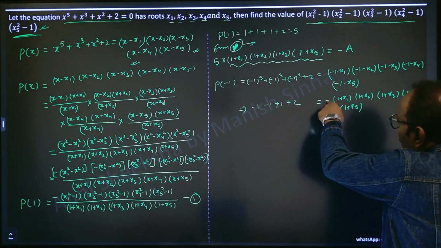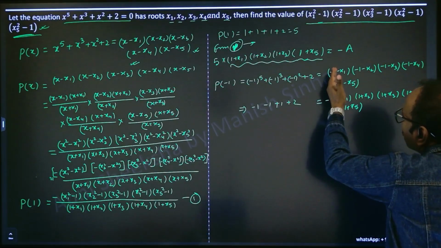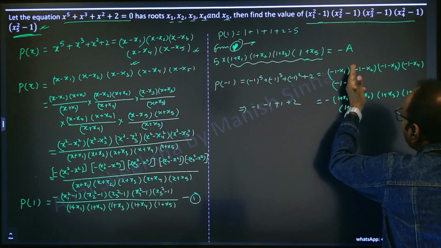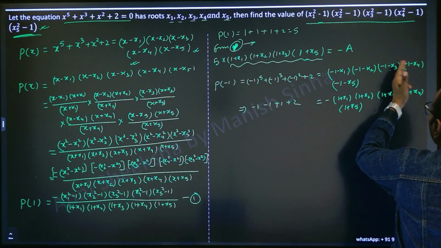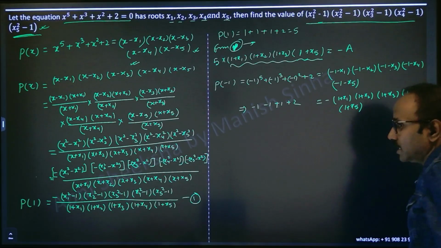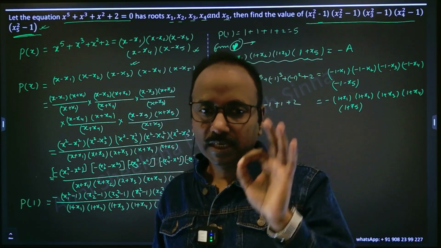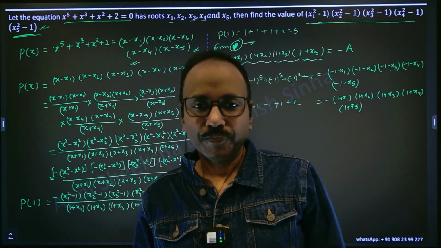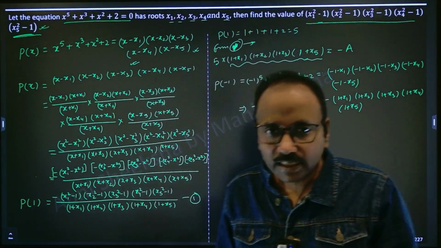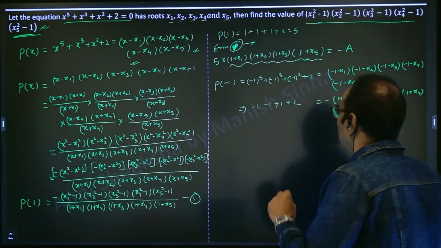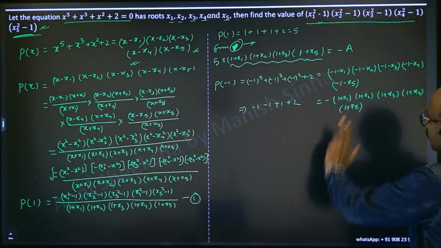Here the negative sign has come because when you take minus 1 from each of the five factors, you multiply minus 1 five times, so it will generate minus 1 only. That is the reason the minus sign has come here.